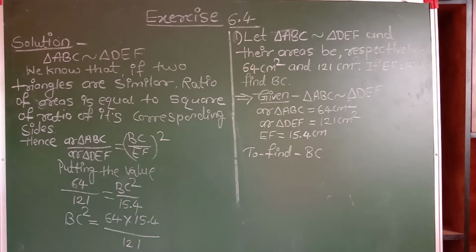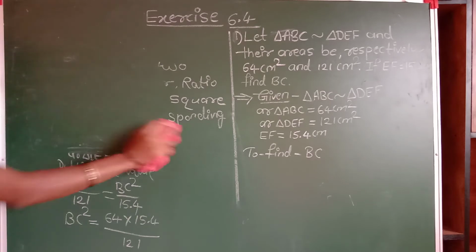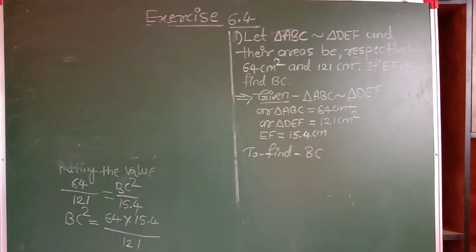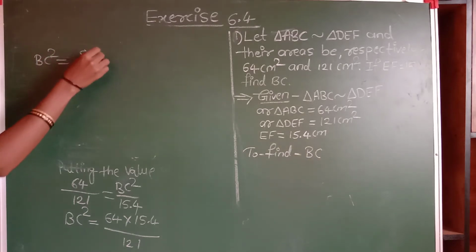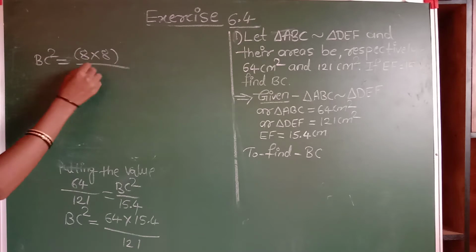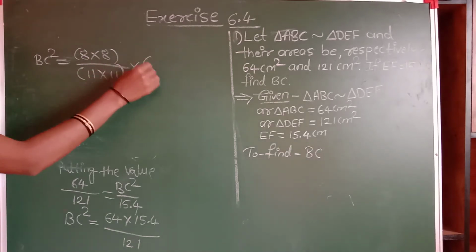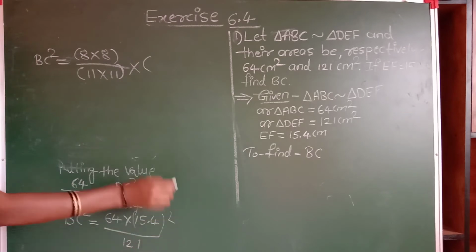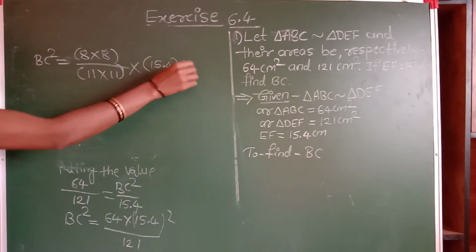Next, I will rub this. So we can write here BC square is equal to 8 into 8 divided by 11 into 11, into 15.4 square.